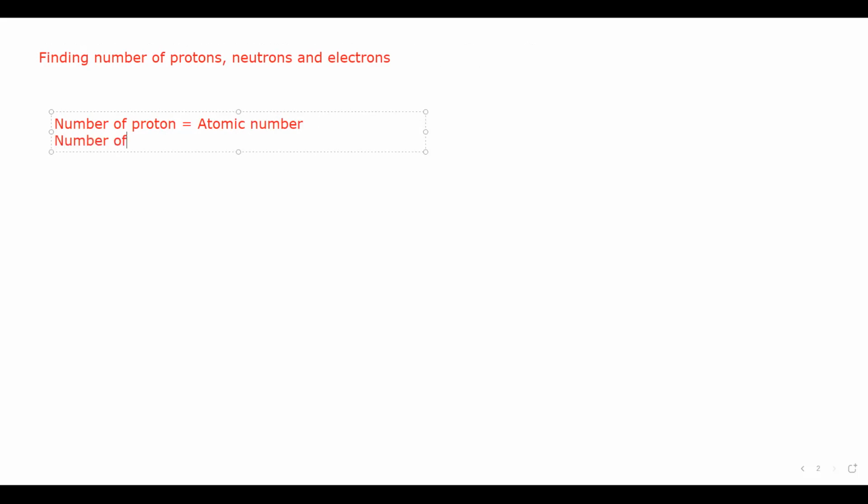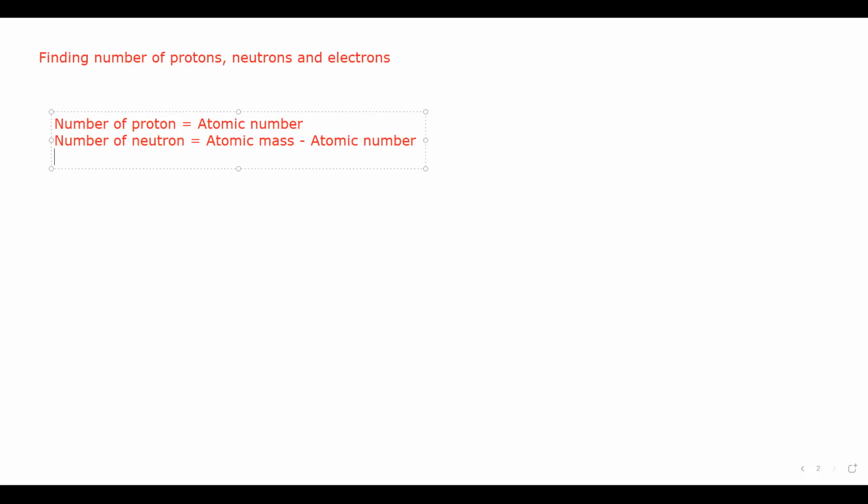And the number of neutrons is equal to atomic mass minus atomic number.